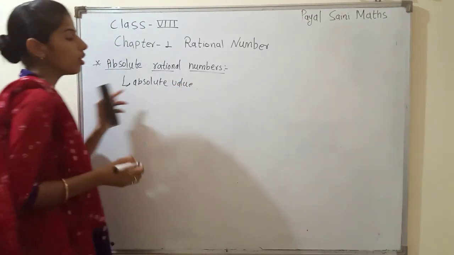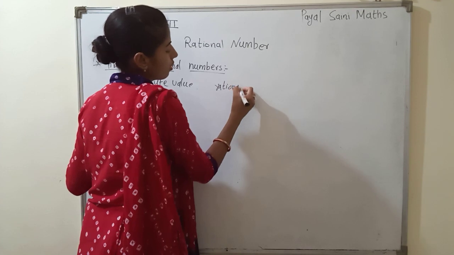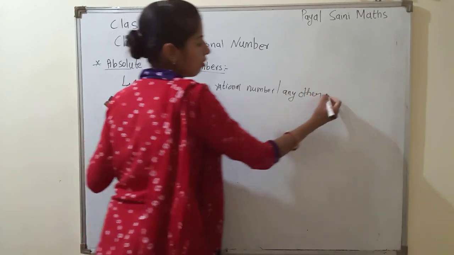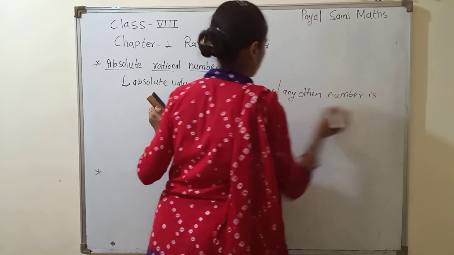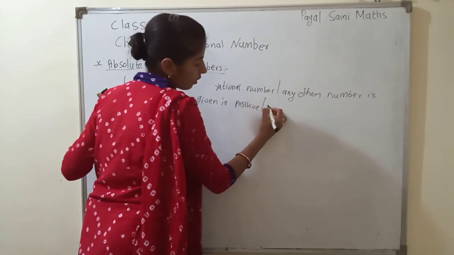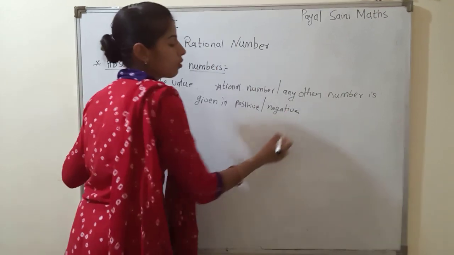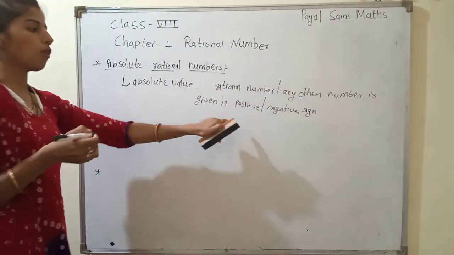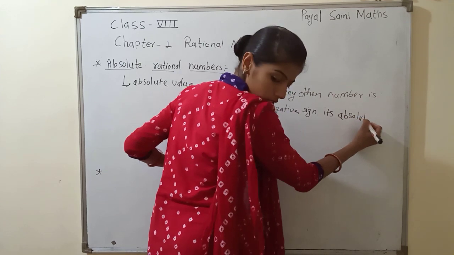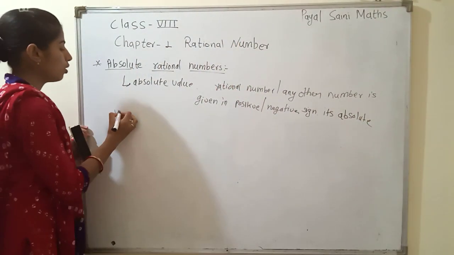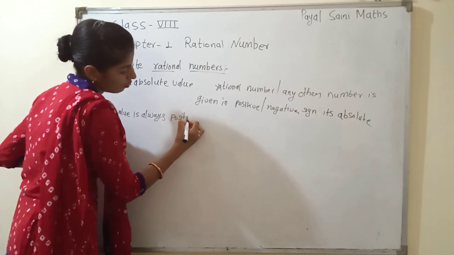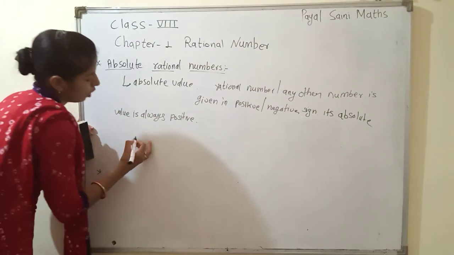Absolute value means if any number, any rational number, is given in positive or negative sign, then the absolute value of it is always positive. Always positive.